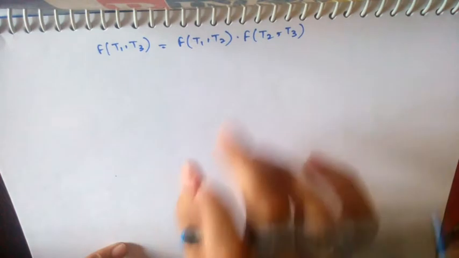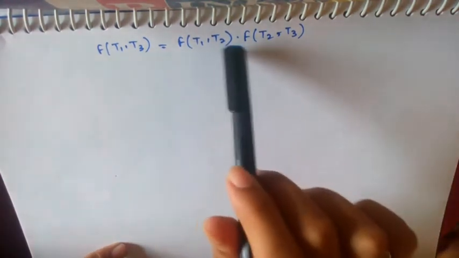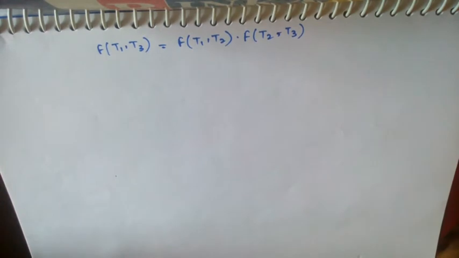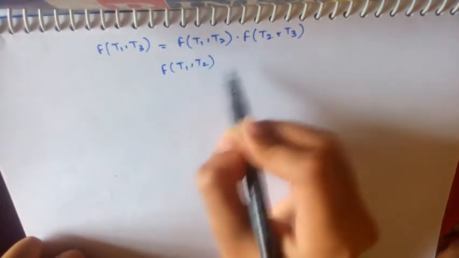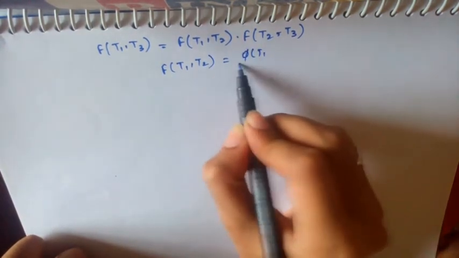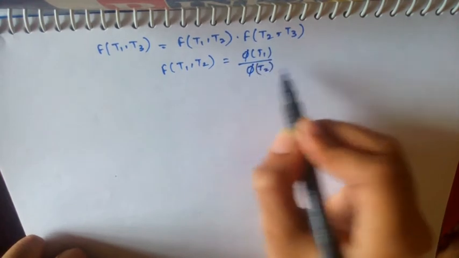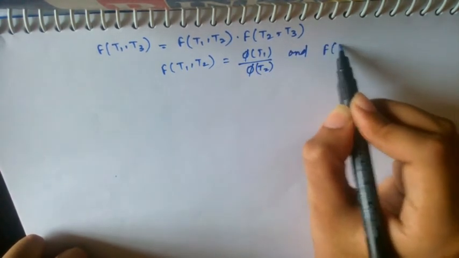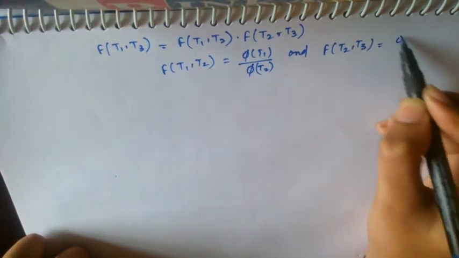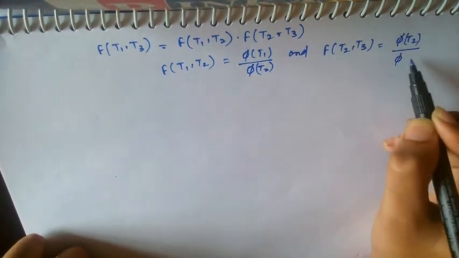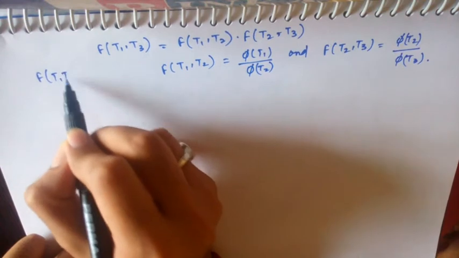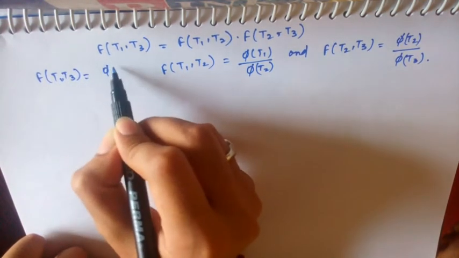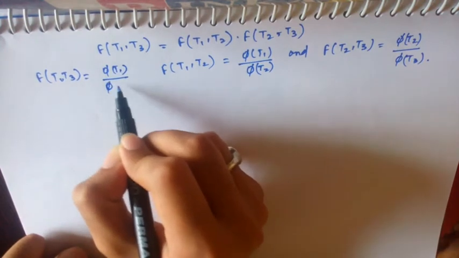So we have to somehow eliminate this function of temperature T2, and this can be done by assuming that F(T1, T2) is equal to some function phi(T1) upon phi(T2), and F(T2, T3) is equal to phi(T2) upon phi(T3), and F(T1, T3) is some function phi(T1) upon phi(T3).